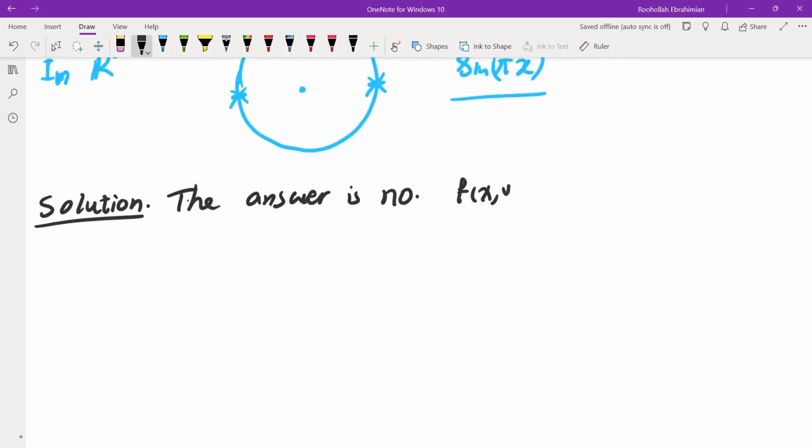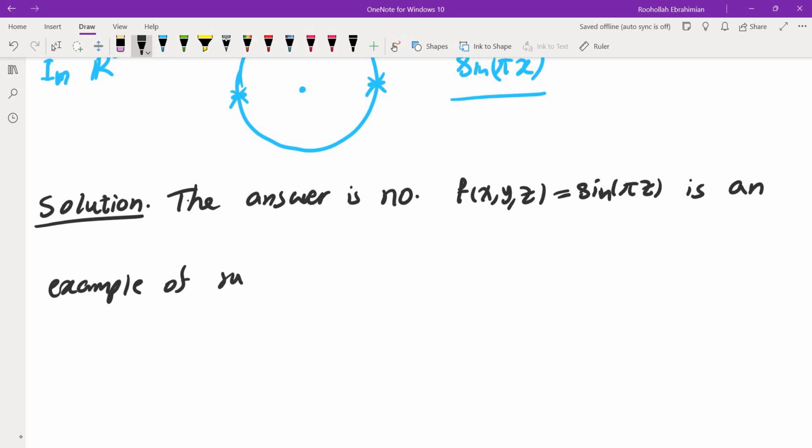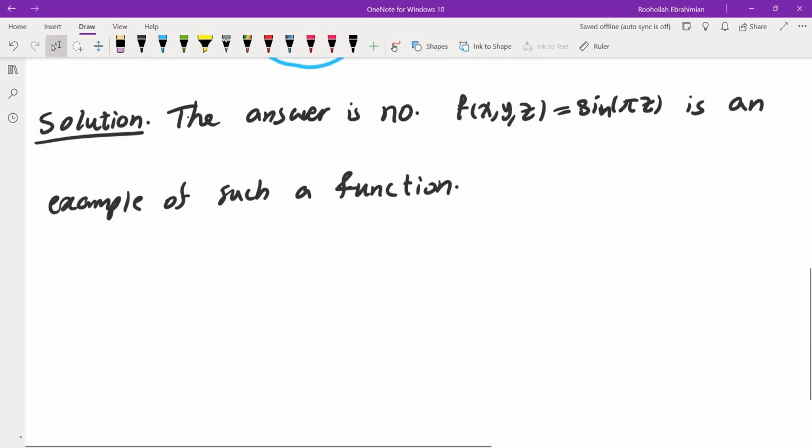f of xyz equals sine of pi z is an example of such a function. Okay, so we're going to evaluate the integral of this over a unit sphere.